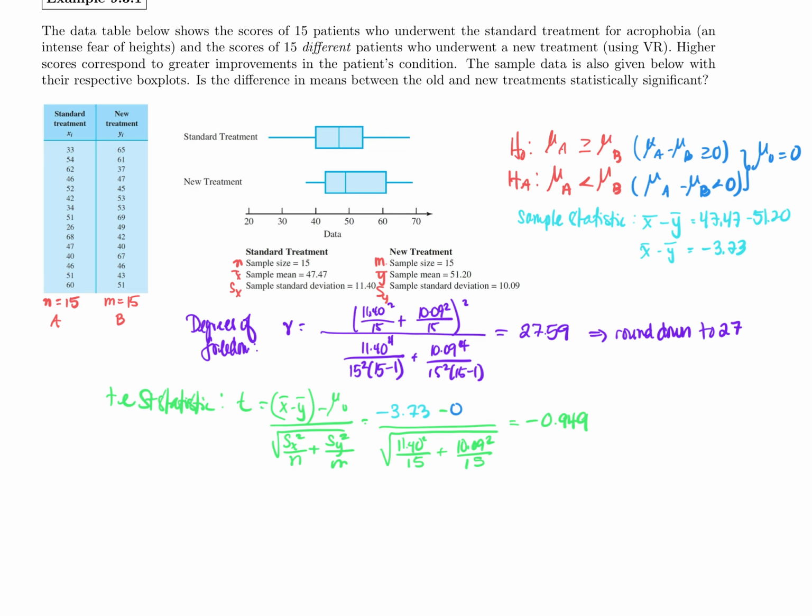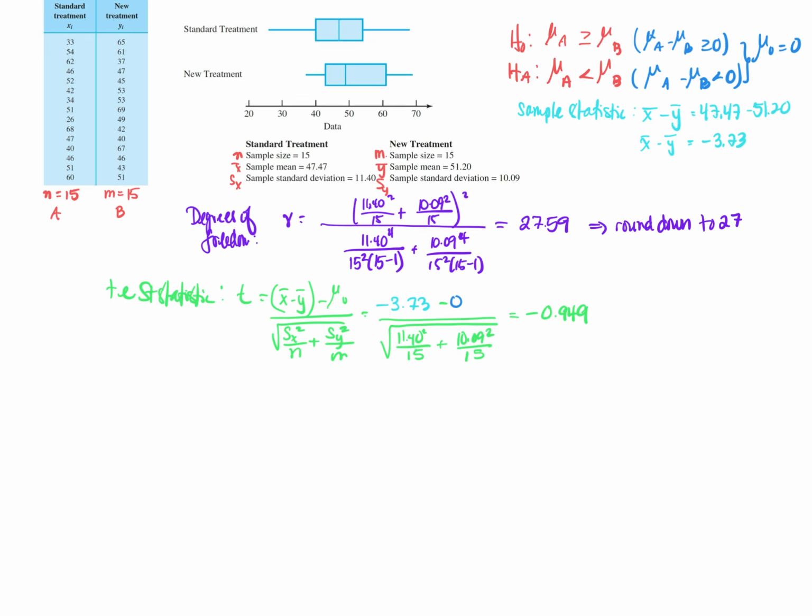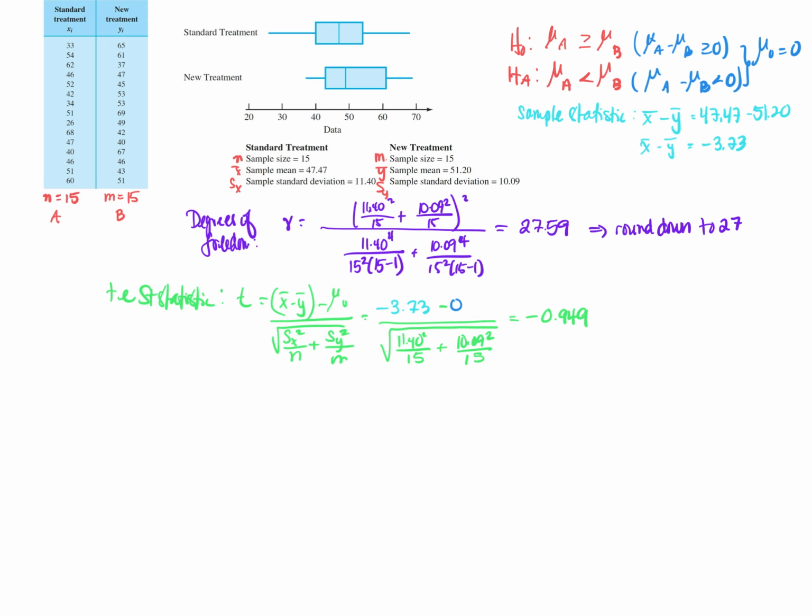And now we need to find the p-value. So how do we do that? The same way we always have. We have to go in and do our t.dist, and we have to find our p-value. So in order to find our p-value, we want to find the probability.